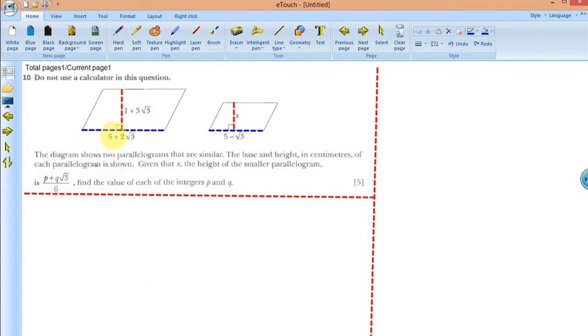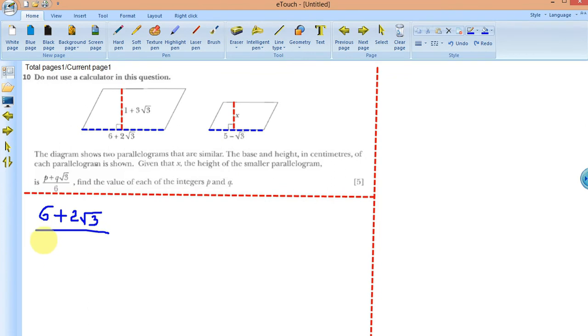Let's compare the blue first. 6 plus 2 root 3, that is the side of the base for the big parallelogram, divided by the base of the small parallelogram, is proportional.